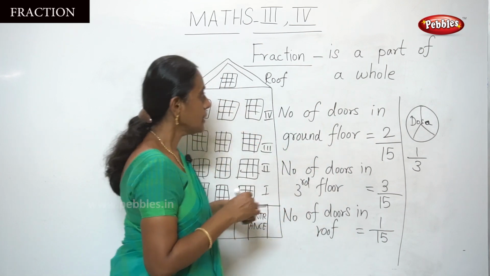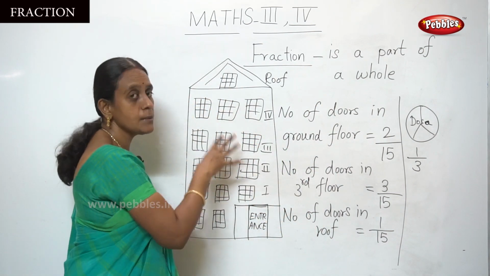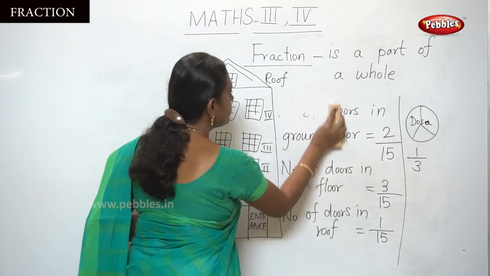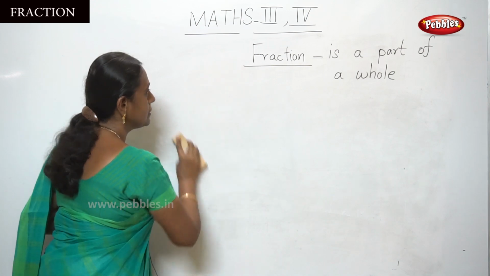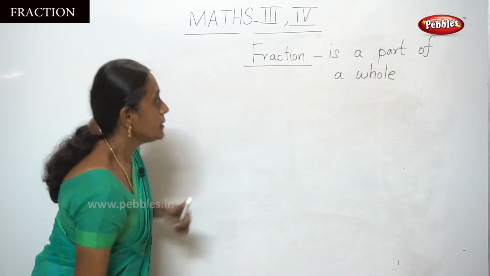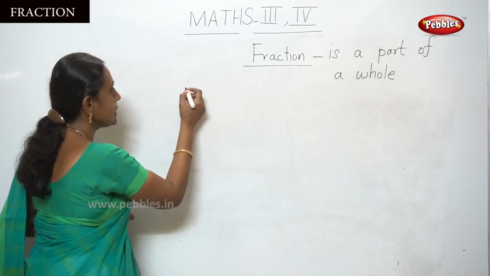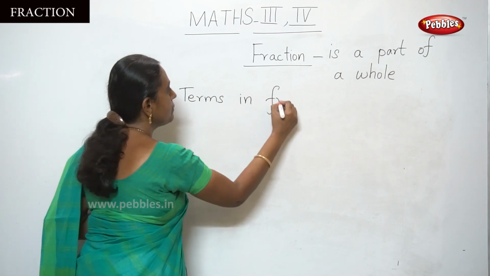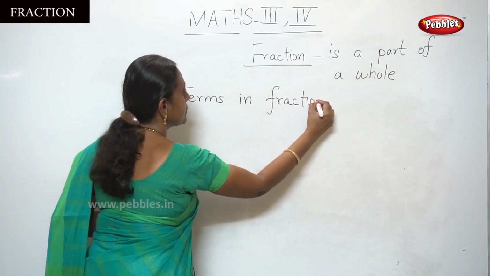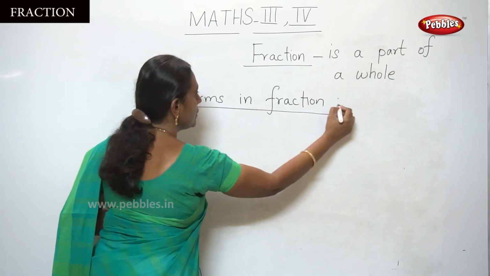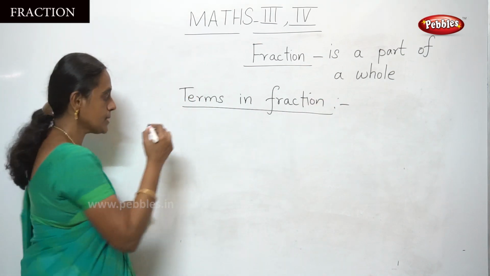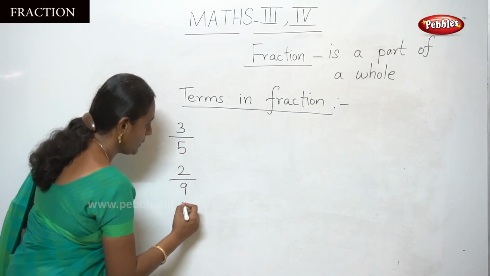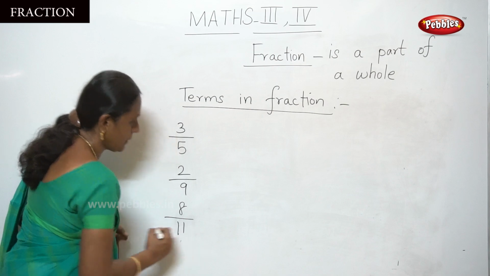Let me move on to the next topic, terms in fraction. I am going to write it with examples. We have learned the definition, and next are the terms. Terms in fraction: 3 by 5, 2 by 9, 8 by 11.